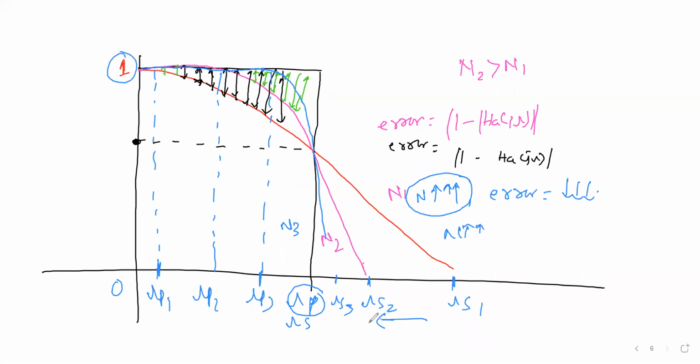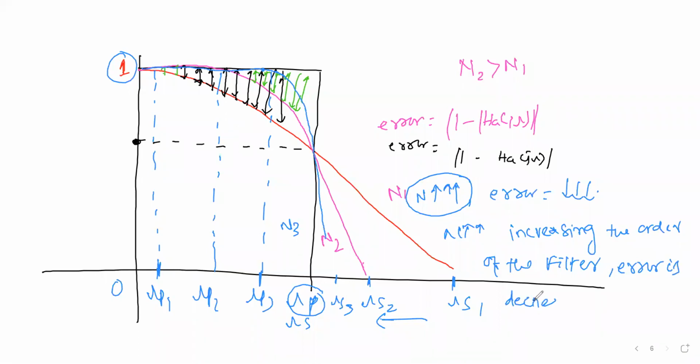So what is happening here? When you increase the value of capital N, the error is decreasing. It's very, very important. Increasing the order of the filter, the error is decreasing.